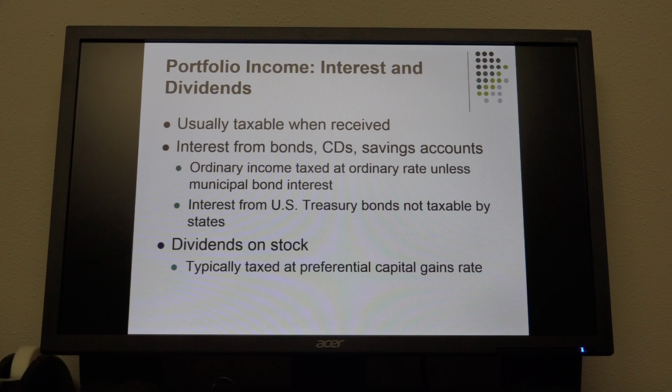Dividends on stock are taxed at preferential capital gains rates, usually 15%, but it could vary.